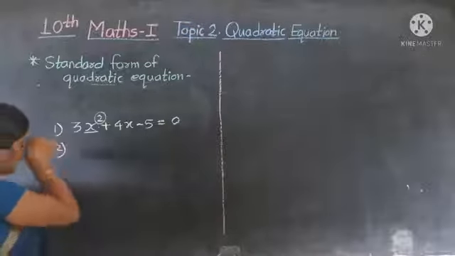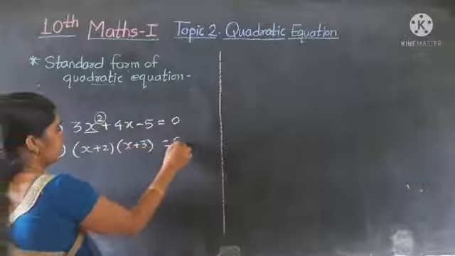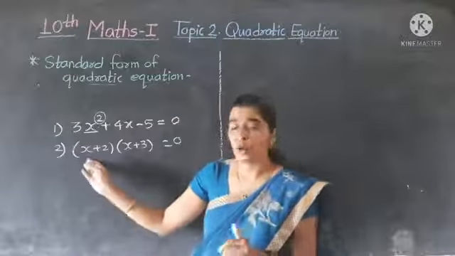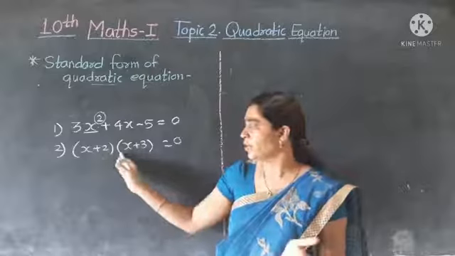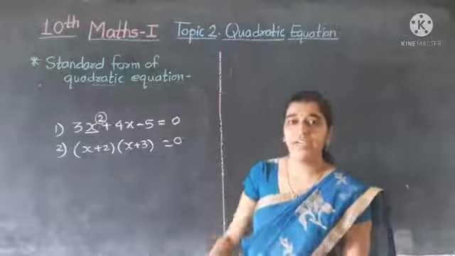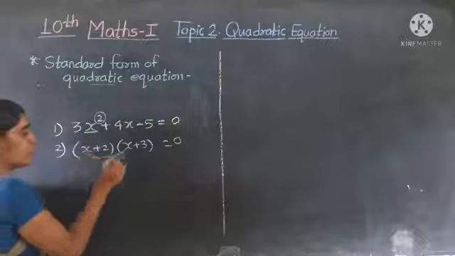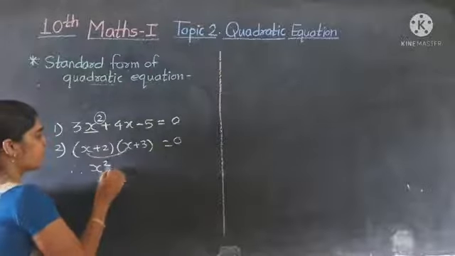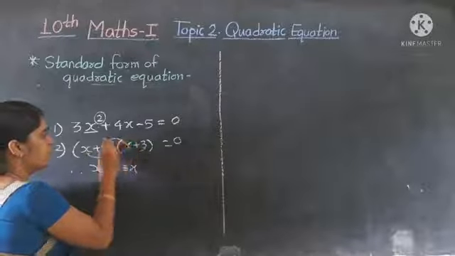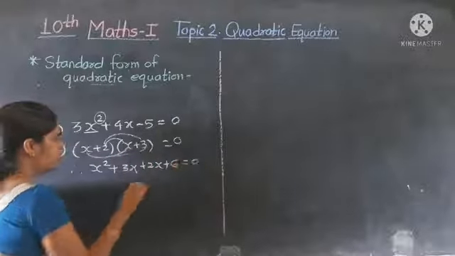Similarly, suppose I write here x plus 2 and x plus 3 is equal to 0. Observe, students, is it a quadratic equation or not? From observation here there is no degree 2, but you simplify it, then we get the degree 2. बघा इथे डायरेक्ट ऑब्झर्वेशन लिहायचं नाही आहे. First we multiply x into x, x square, plus x into 3, 3x, then multiply 2 into x, 2x, plus 2 into 3, 6 is equal to 0.